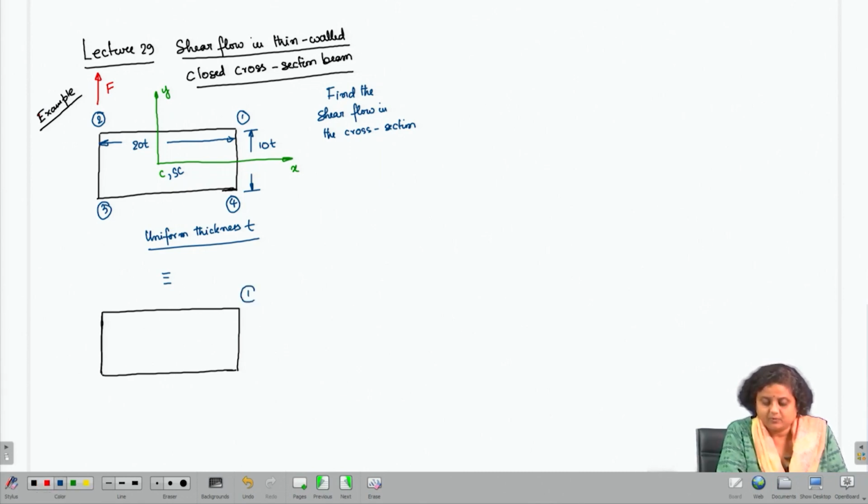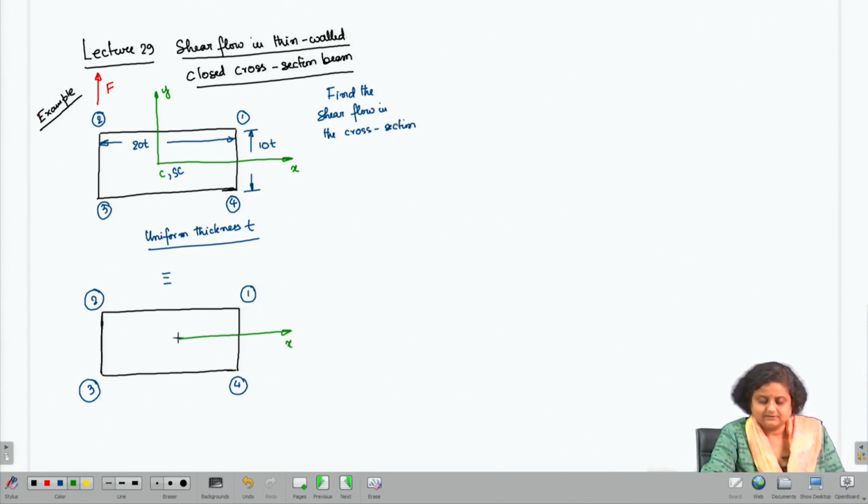Let us name the points 1, 2, 3 and 4. This is the x axis and this is the y axis.